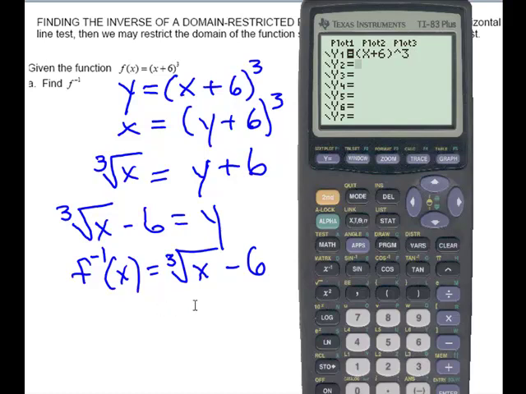And then we will do the cube root of x minus 6. So to get cube root of x, I have to go under the math menu, and I believe there actually is a cube root button. I did not have to put my root in first. Yes, there is. So choose number 4. That is going to be cube root of x. Make sure here that you close your parentheses. That ends the radical. Minus 6.